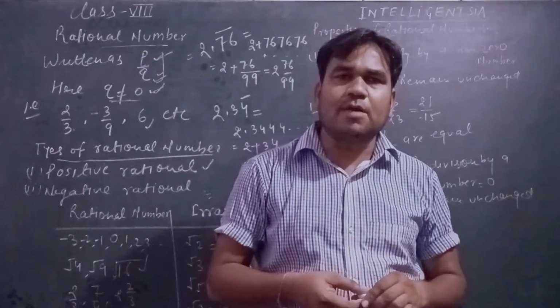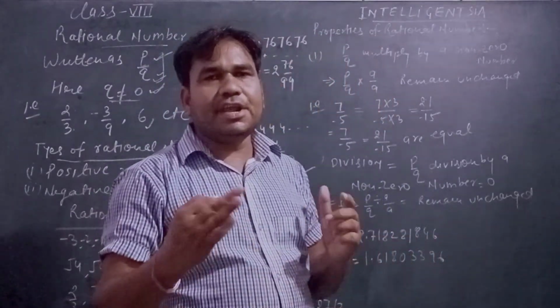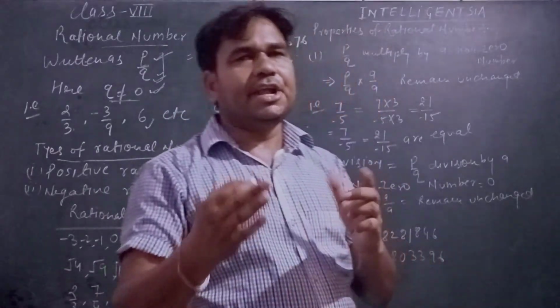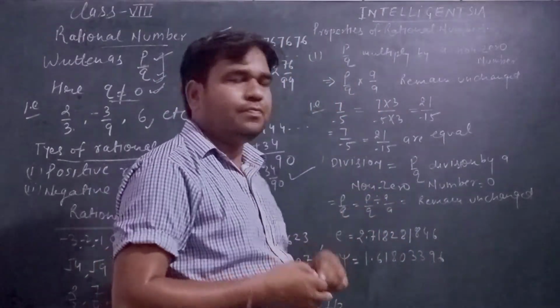Now we discuss irrational numbers. Irrational numbers are those numbers which cannot be written in P over Q form.